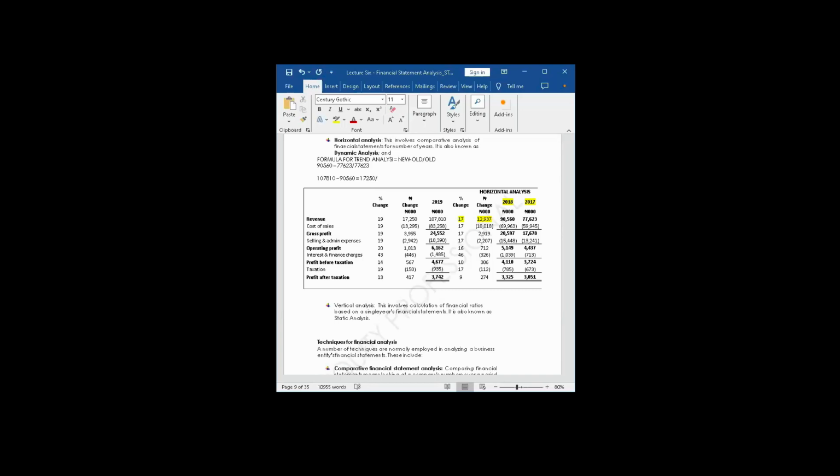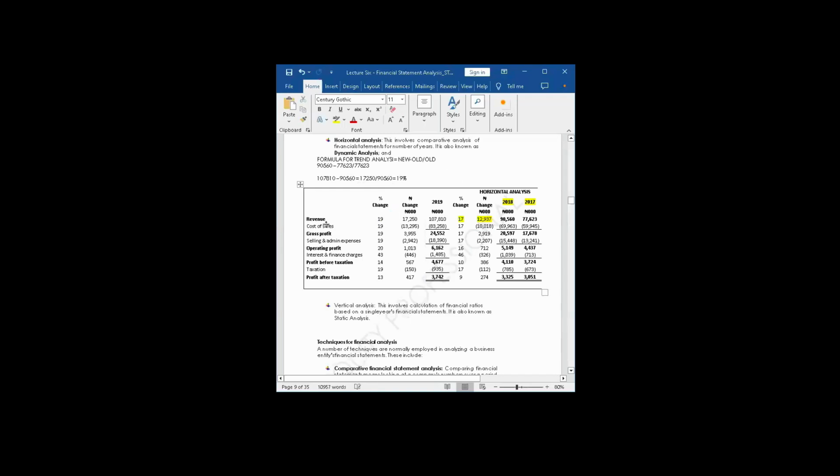We divide that by the old, 90,560, which should give us about 19%. And that is how to do the trend analysis.